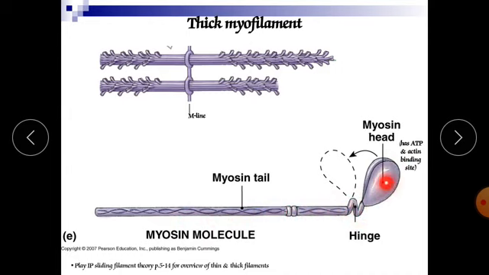In this thick filament we have the myosin head, and this myosin head is responsible for extension and relaxation. It has an ATP and actin binding site. This is the actin binding site which will bind with the actin, and it also has the ATP, which it will release.